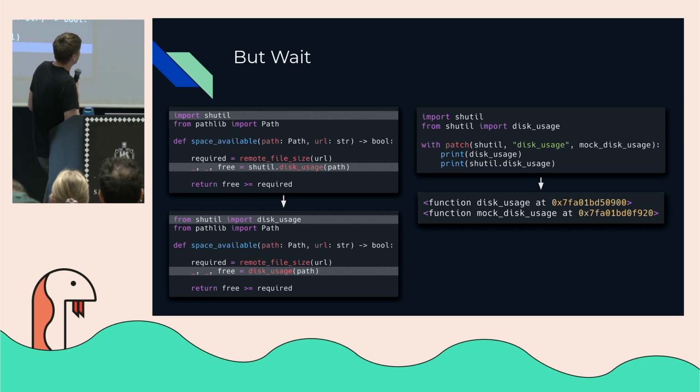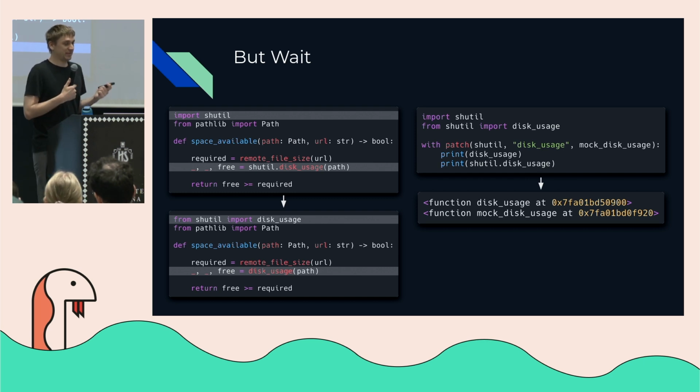And so if we look at the patching here, if I patch shutil.disk_usage and I print the variables disk_usage and shutil.disk_usage, we can see that only shutil.disk_usage was patched with the mock, but the one we imported from shutil is not patched. They now refer to different functions.